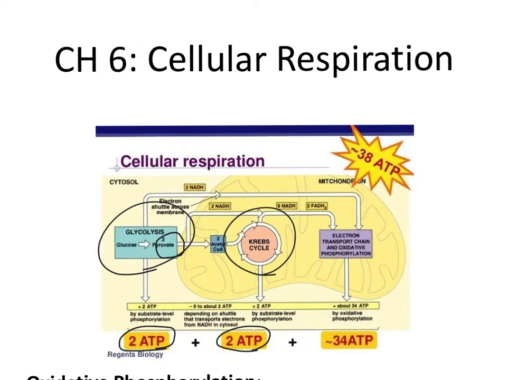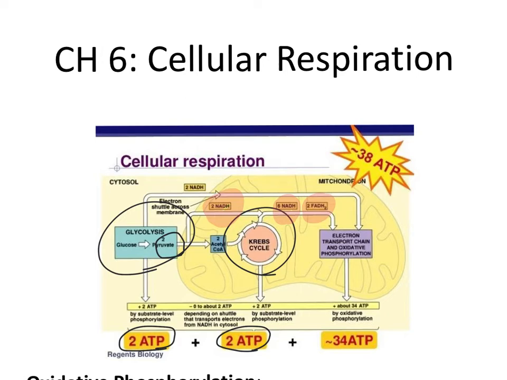However, even more important than those ATP are the electron carriers that get made. During glycolysis, we make an electron carrier called NADH, and during the Krebs cycle, we make more NADH, but also a new electron carrier called FADH2.